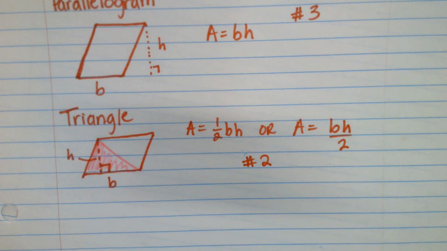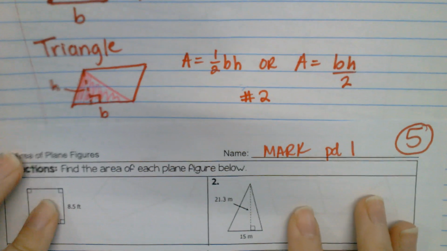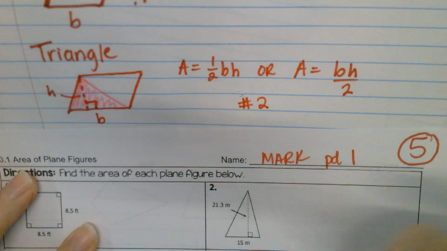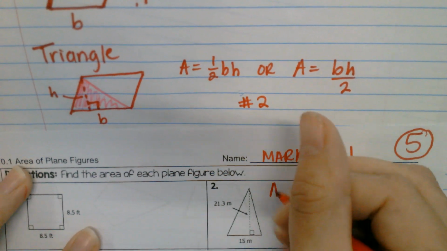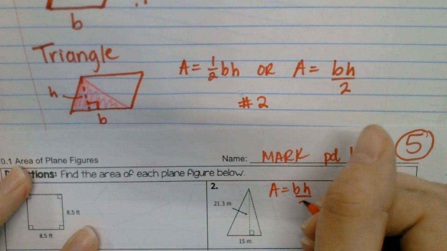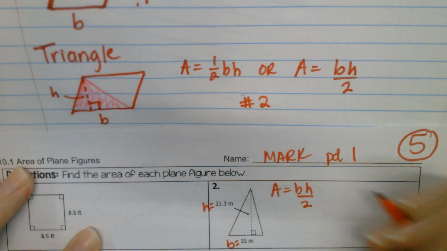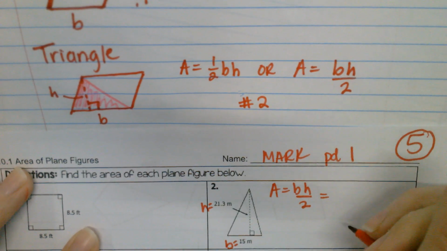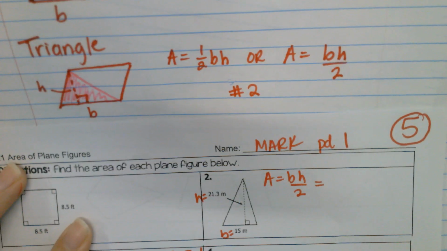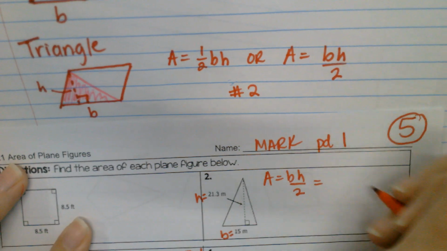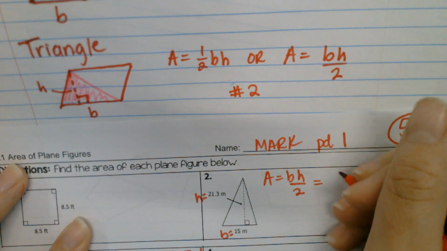Me? Okay. Okay, what's your base? What's your height? Yep. I always just do base times height divided by 2. I don't do 1/2, but like you guys told me 1/2 base times height.